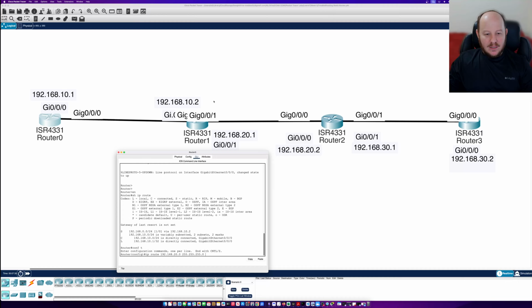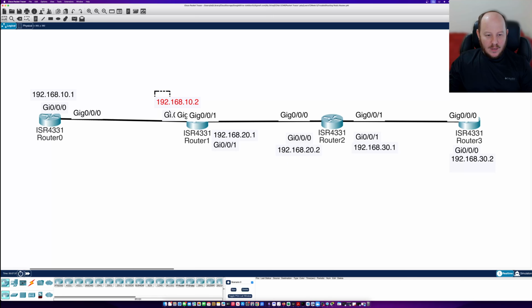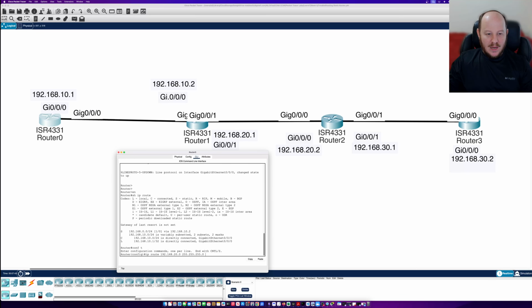Then you have to give it the next hop. In this case, the next hop is the G0/0 interface right here, which has the IP address 192.168.10.2.